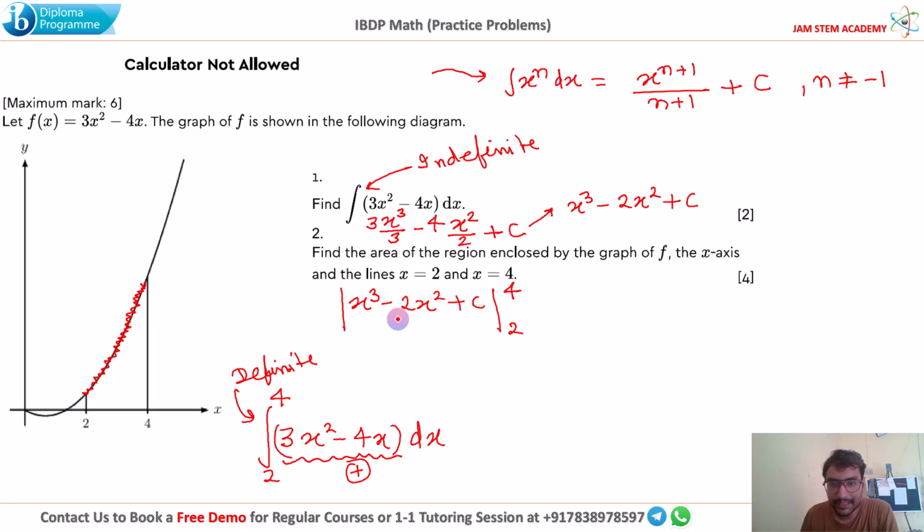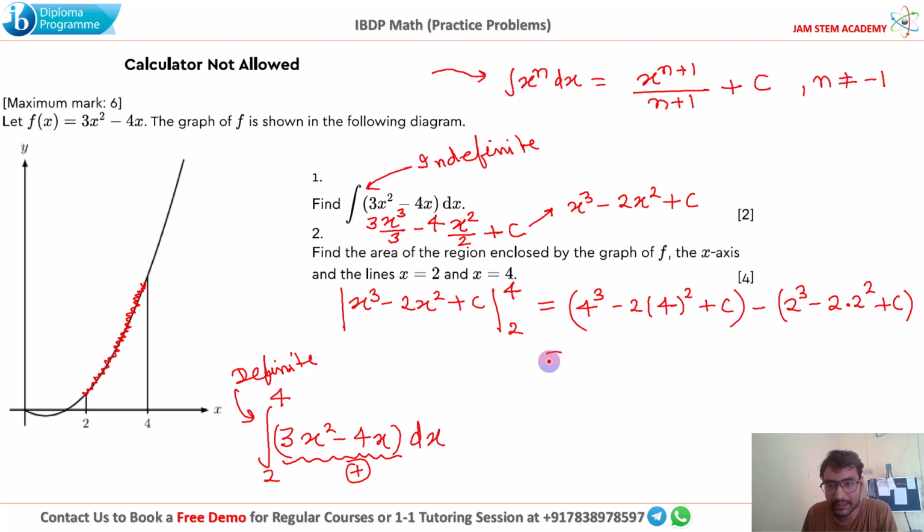Now, if the limits are given, what's the process? In place of x, substitute the upper limit. Okay, so you will get 4 cubed minus 2 times 4 squared plus c. That's the upper limit. Then put a minus sign. Then in place of x everywhere, put the lower limit. That gives us 2 raised to the power 3 minus 2 times 2 raised to the power 2 plus c. Now simplify it.